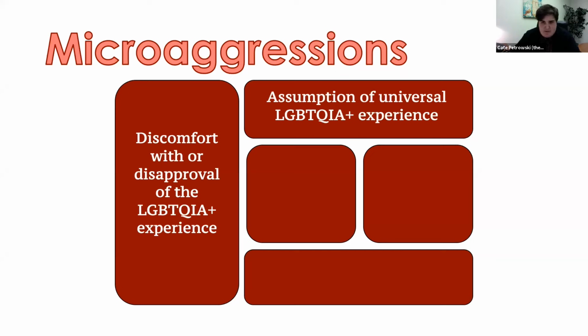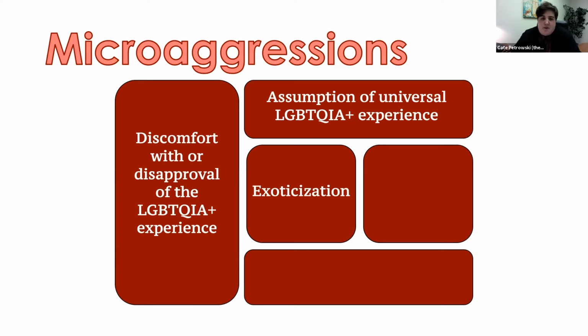Another microaggression would be assuming that there's some kind of universal experience of being LGBTQ. That would basically be stereotyping. For example, assuming that all gay men know a lot about fashion or female music singers or something like that, just assuming that everybody who falls under that identity is interested in the same things or does similar things.